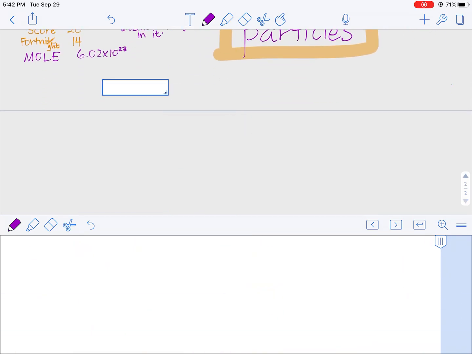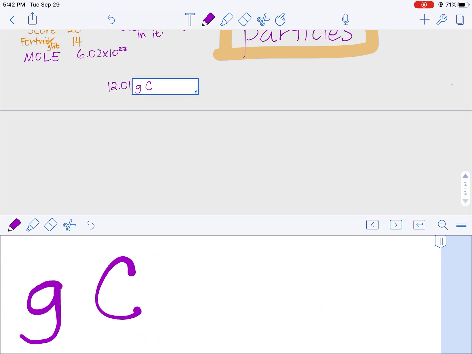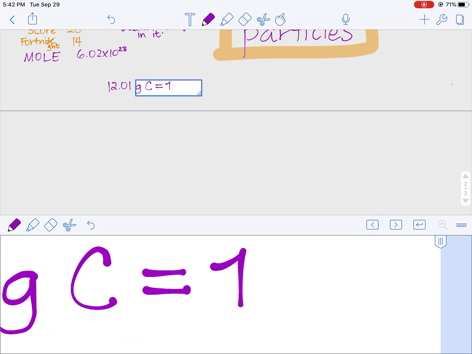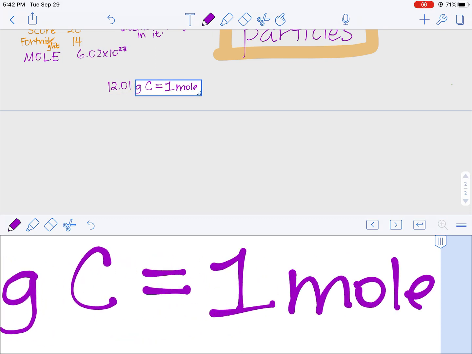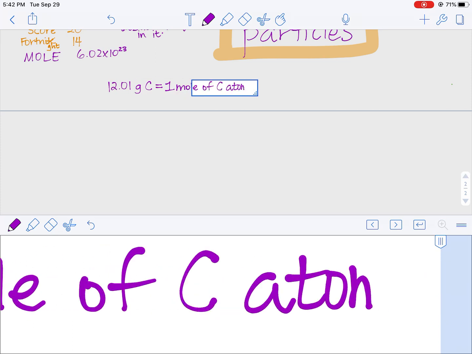So if I look on the periodic table and I find the molar mass for carbon, or the average atomic mass for carbon, if I put the unit grams after it, 12.01 grams of carbon, that means that it's 1 mole of carbon atoms. And I know it's going to be atoms because carbon is an element.